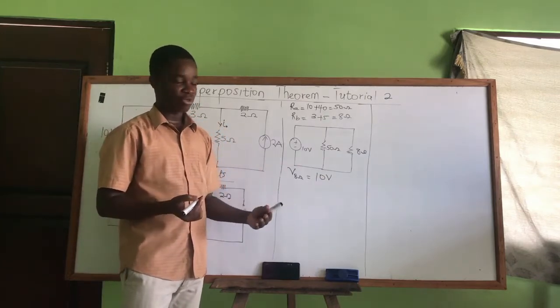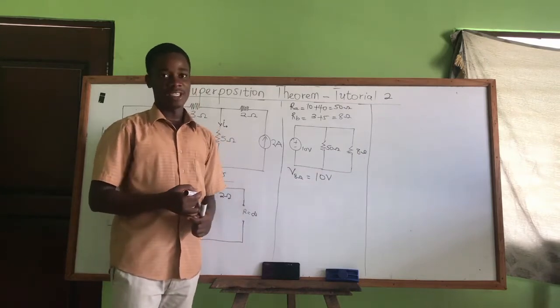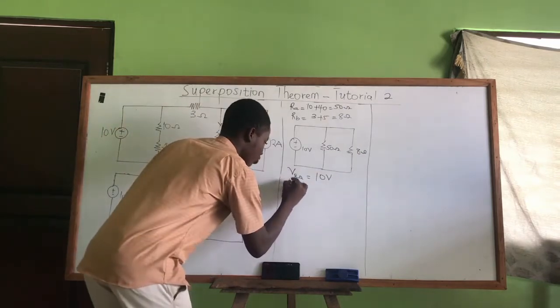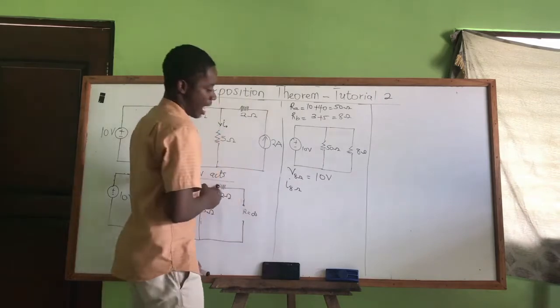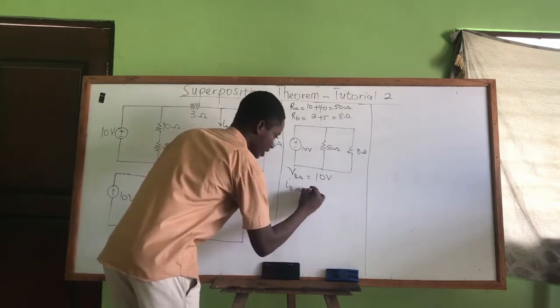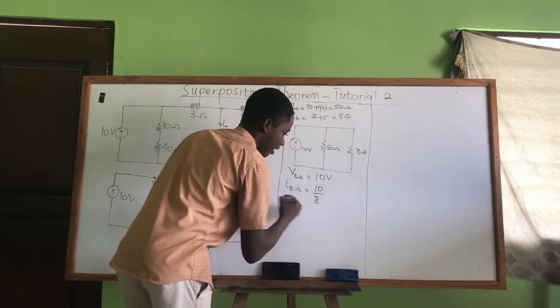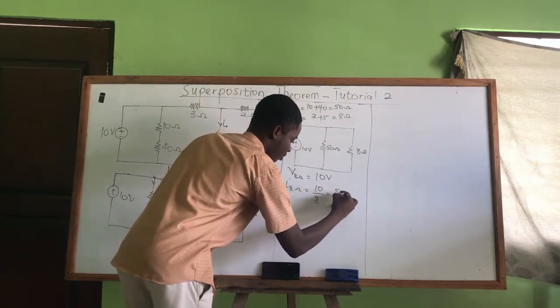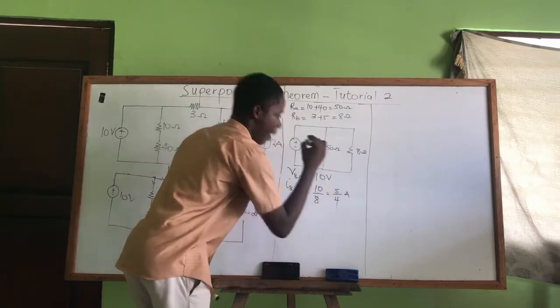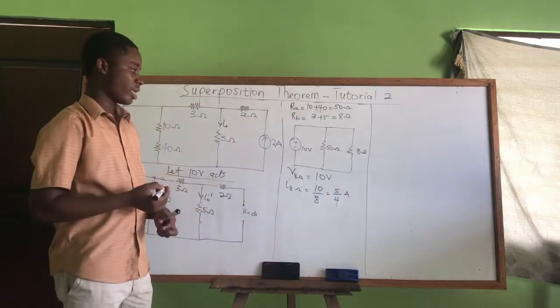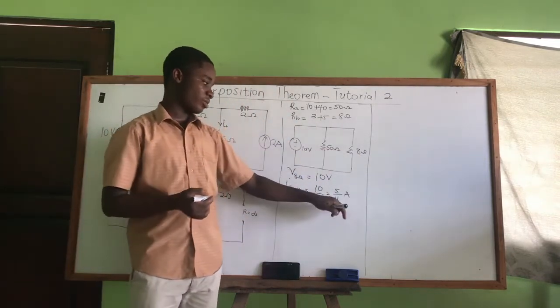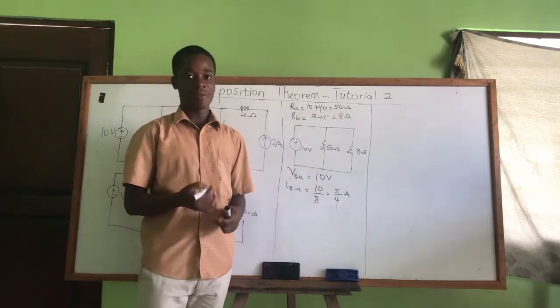And I know its voltage to be 10 volts. So I can use Ohm's law to calculate the current through the 8. From Ohm's law, current through the 8, let's call it I8 ohms. It's what? V over R, and the V is 10 over what? 8. So we have what? 5 over 4 amperes. So the current flowing through this 8 ohms is what? 5 over 4 amperes.